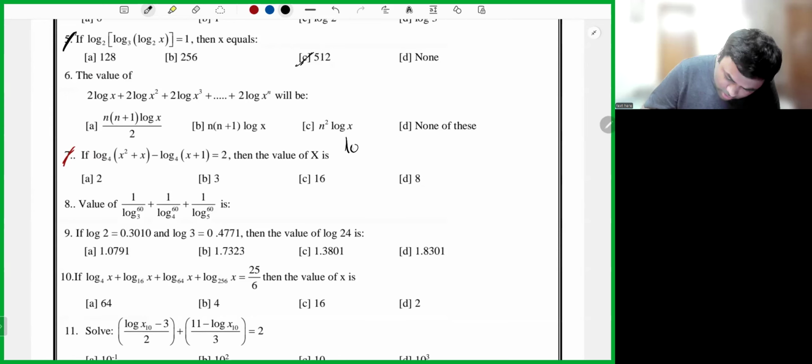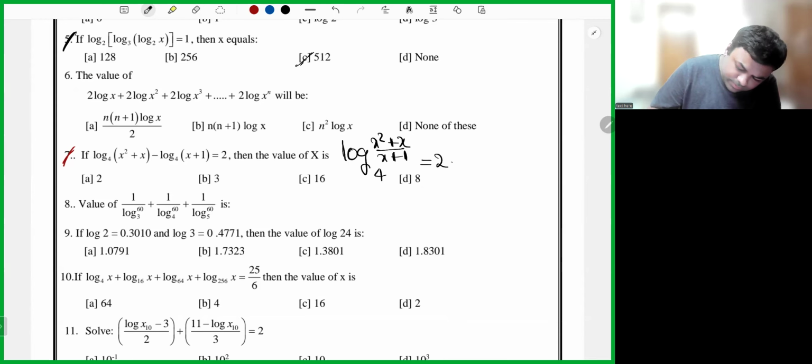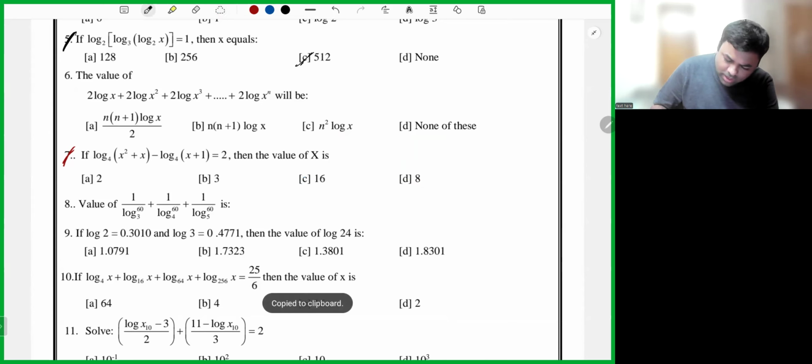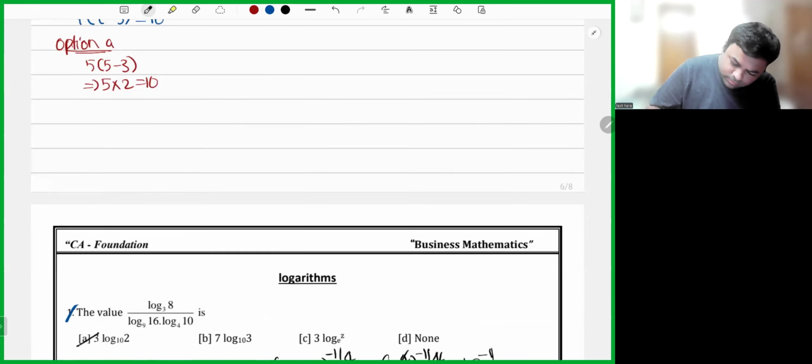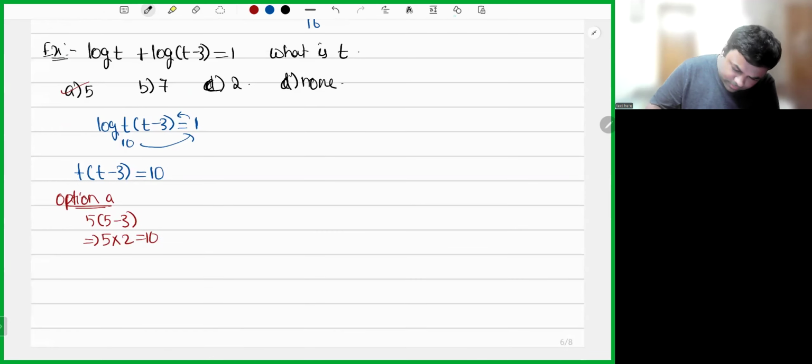So I'll write it as log of x square plus x divided by x plus 1 to the base 4 is equals to 2. This is the given sum he gave in question number 7. If you see, this is the instance what we have.